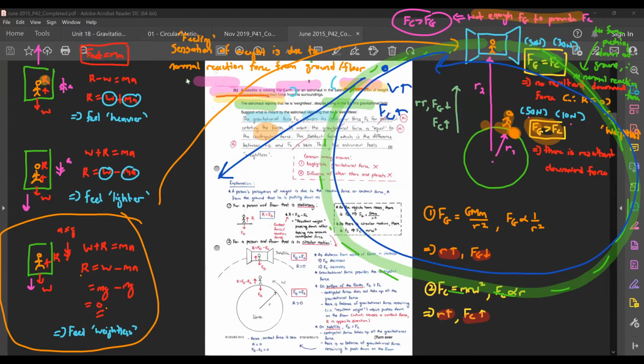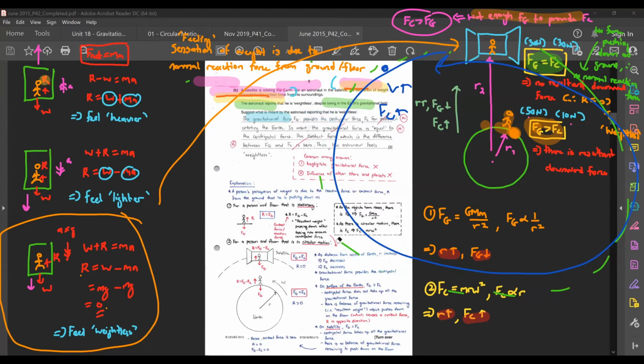You will just move straight off in a tangent. Okay, so yes, it is possible for your centripetal force to be more than your gravitational force. In such a case, you will not move in a circle. You will just move off from your orbit, in a tangent in the first place. Okay, so far so good with that, right?